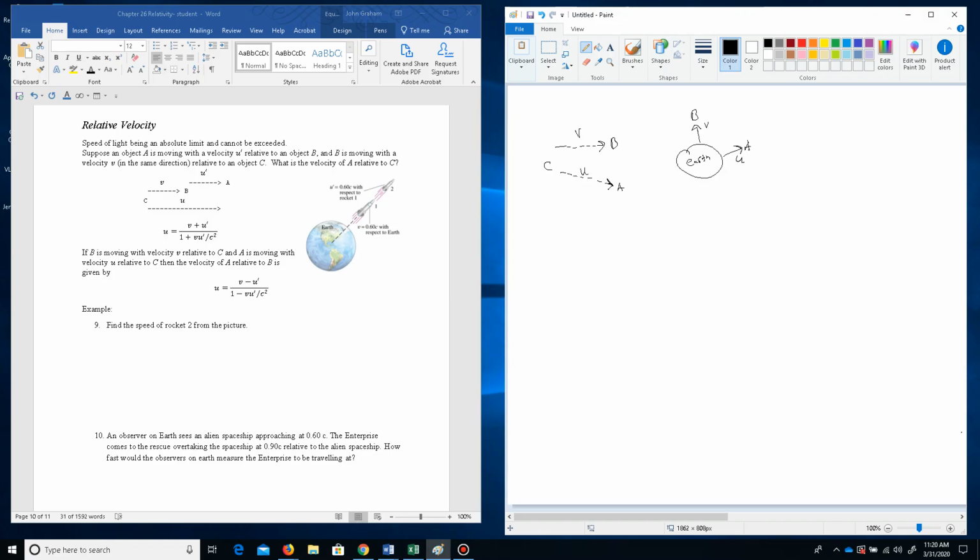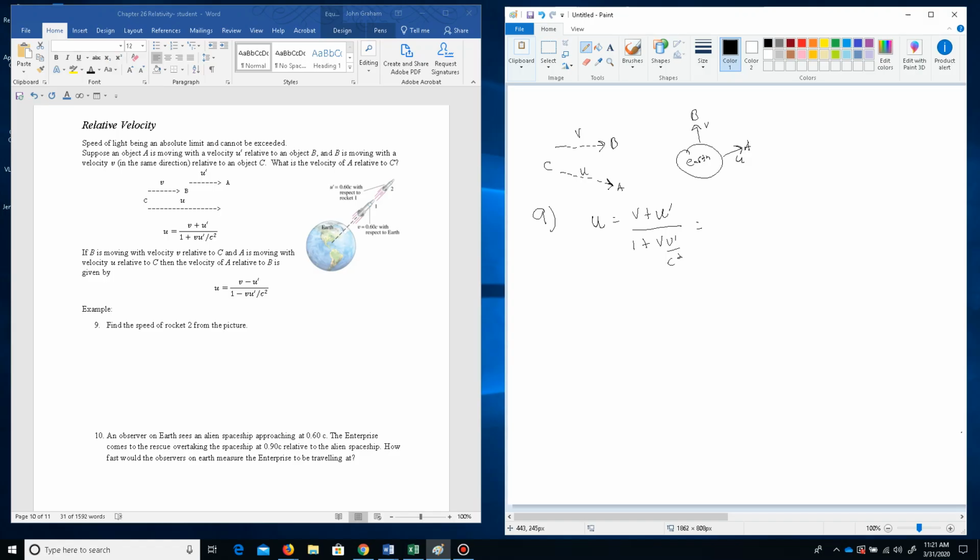Alright, so if we want to find the speed of rocket 2 from this picture, that's going to be using this top equation. u equals v plus u prime over 1 plus v u prime over c squared.